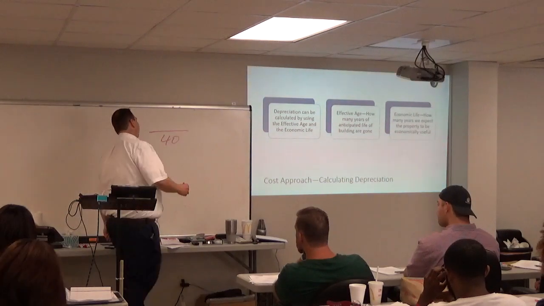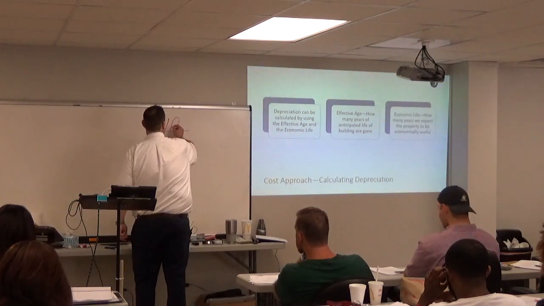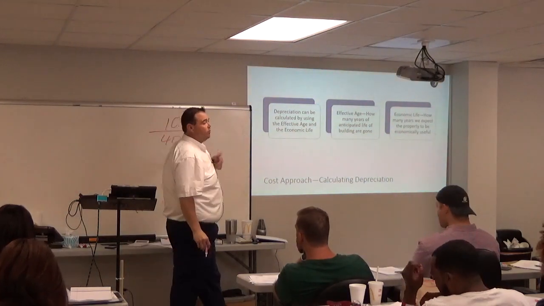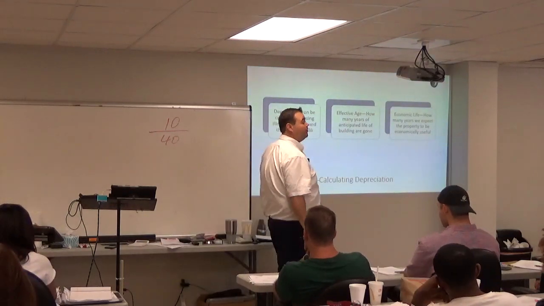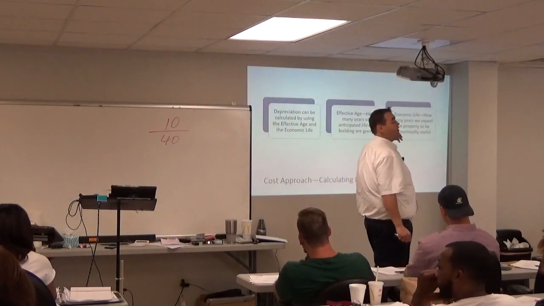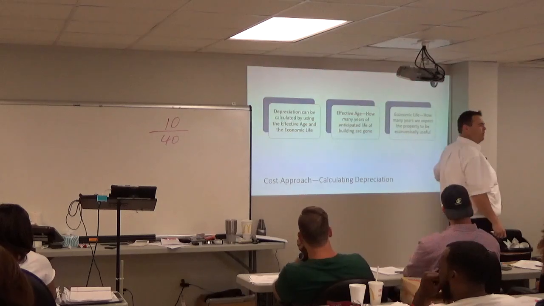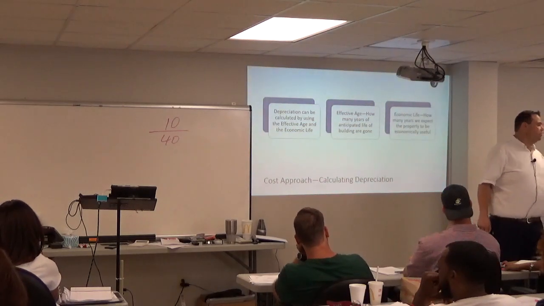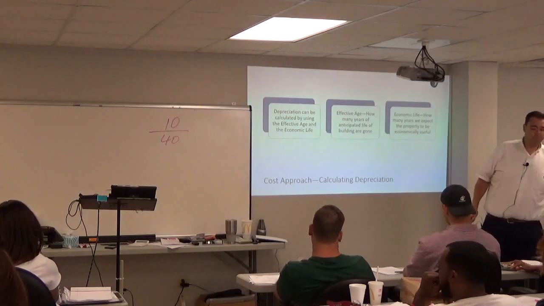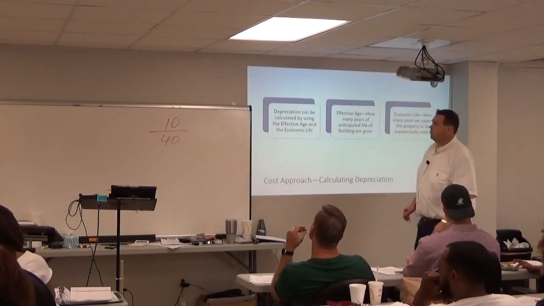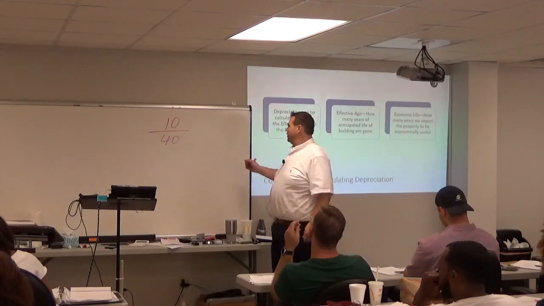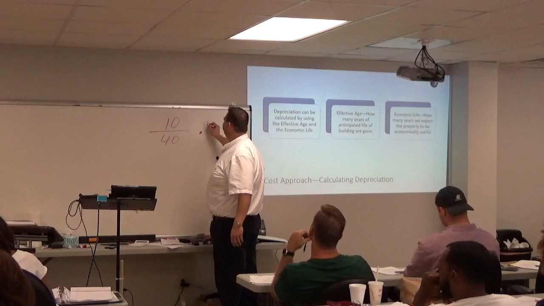So if it has an effective age of 10 years, it's 10 over 40. Does that make sense for everybody? 10 over 40. Do you have a calculator in front of you? Can you take 10 and divide it by 40? What does that come up to? It's 0.25, and that's a rate of depreciation.